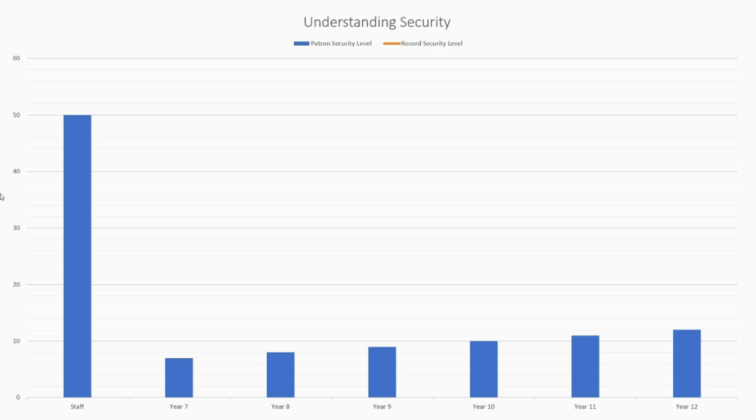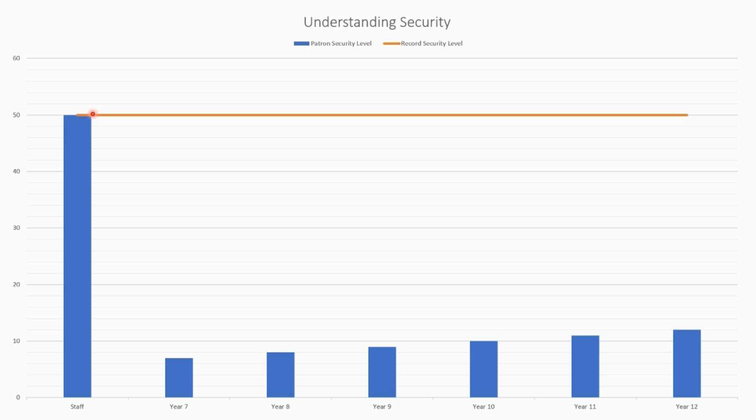Let's add our record security. By default your records should come through with a security of 50, as you can see here, this orange line. I'm running this example with one single record.